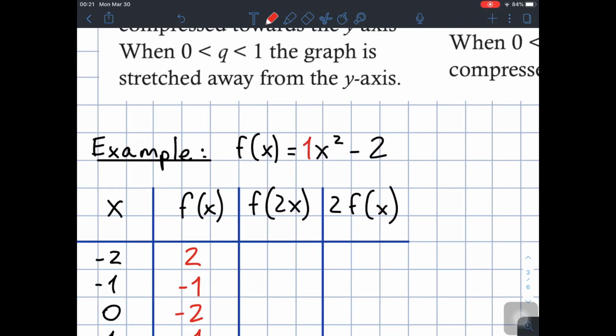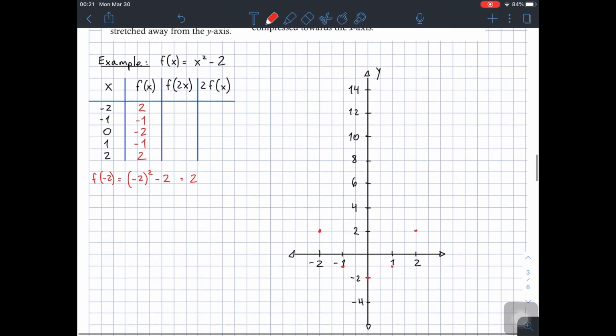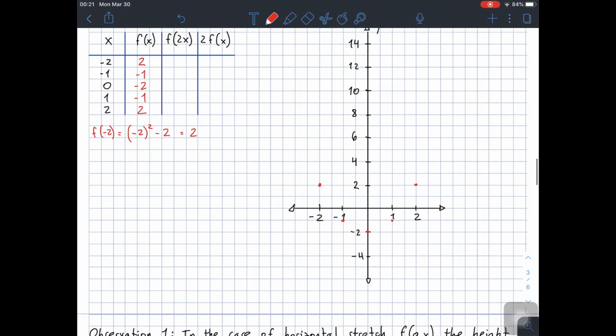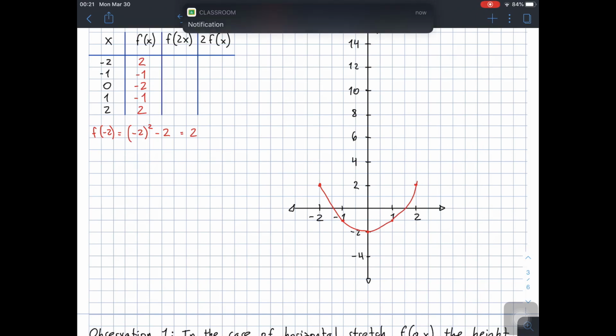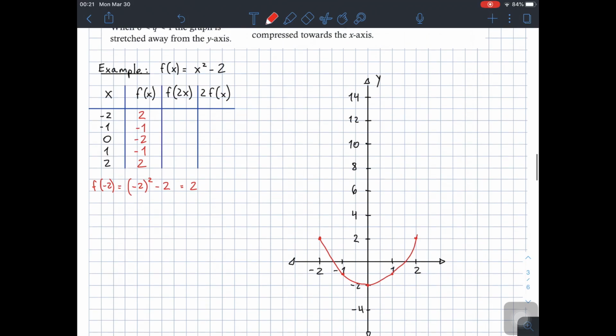Because the coefficient, which is a 1 over here, is positive, right? The coefficient in front of the x squared is positive. So if you see this function here, you'll see that it's the original parabola, the parent function, but translated 2 units downward, which is exactly what we observe in this graph if I join these points. We get a parabola, but shifted 2 units downward, okay? So that's the red function.